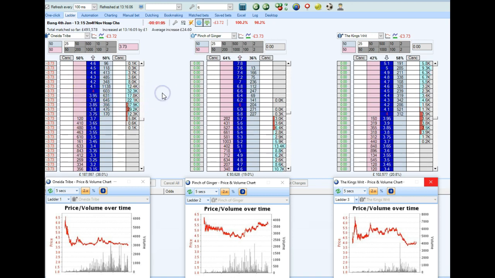But my point in this video is not to illustrate that, it's more to illustrate how to manage the amount you lose. Because when I use £25 stakes, my average profit is around about £1.50 to £5 a race. It depends on the market. But I know that 80% of the time I will be in the green, not in the red.